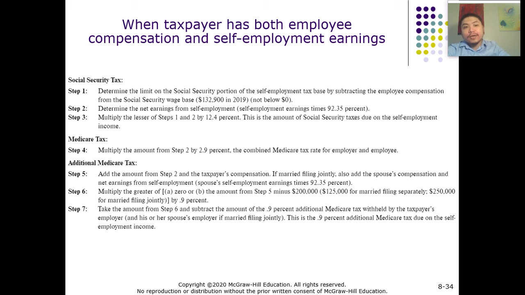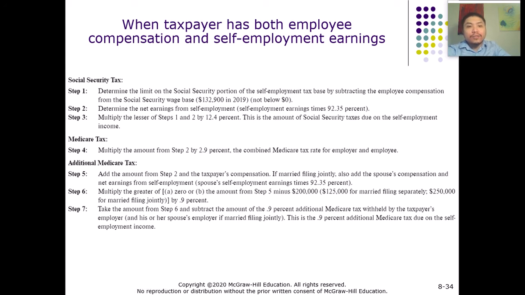This is going to be the Social Security tax for the self-employment component of these taxpayers. And the reason why we multiply the lesser of step one and step two is that step one is now the new base limit for the self-employment component, and step two calculates the real net earnings from the self-employment activities.